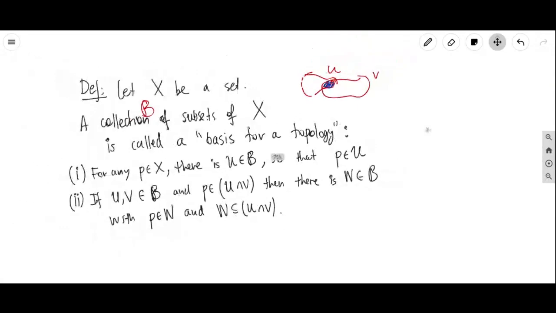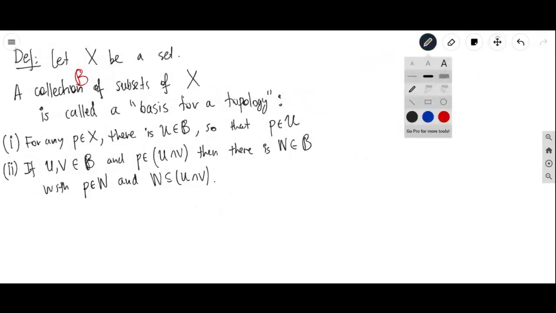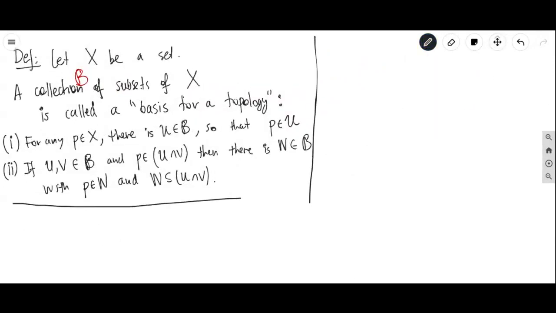And let me give you some examples of how you can do this. Hopefully this will clarify it for you. Here's an example, probably the best example you can think of. This is exactly what happens in a metric space.